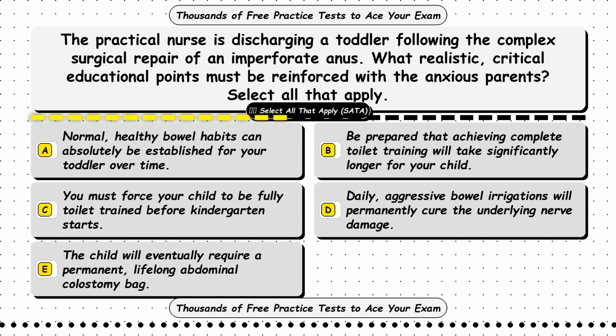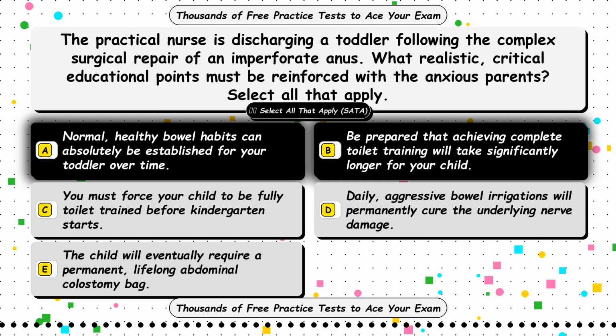Option B, be prepared that achieving complete toilet training will take significantly longer for your child. Option C, you must force your child to be fully toilet trained before kindergarten starts. Option D, daily, aggressive bowel irrigations will permanently cure the underlying nerve damage. Option E, the child will eventually require a permanent, lifelong abdominal colostomy bag.